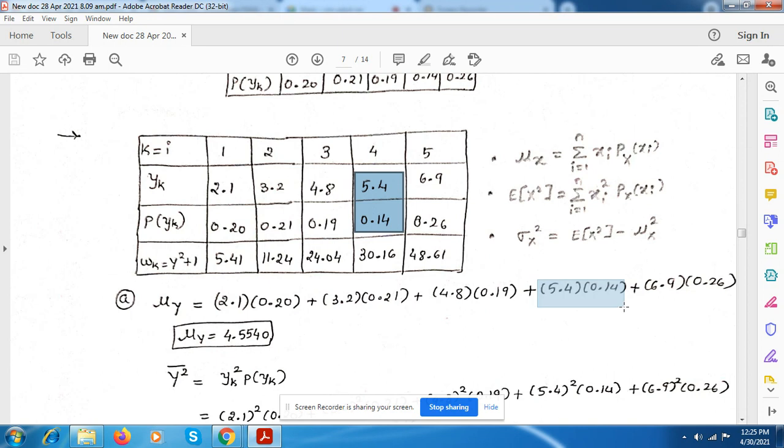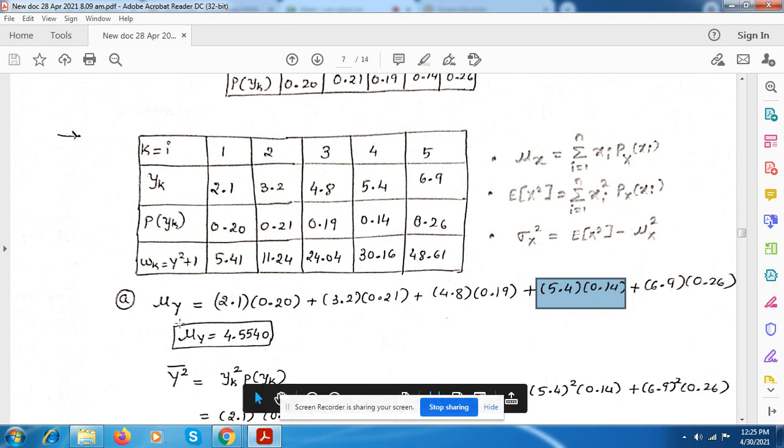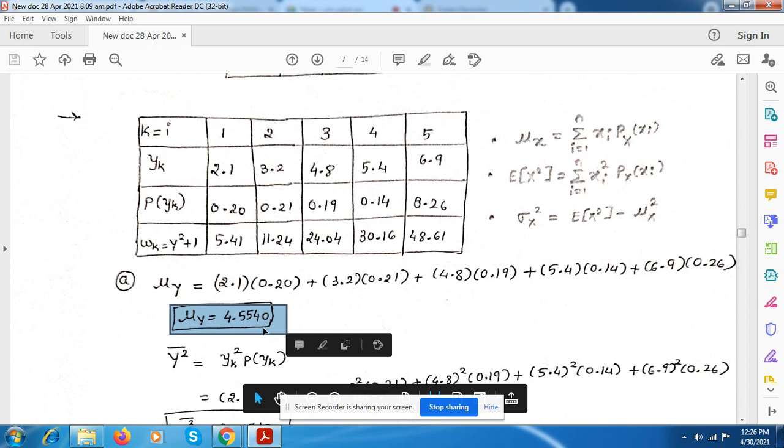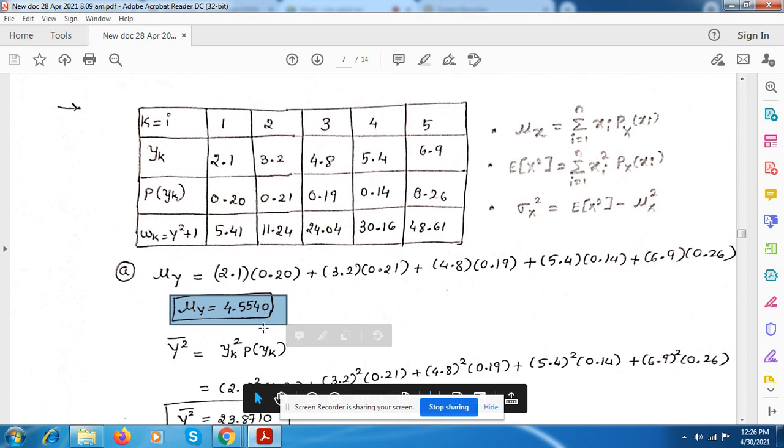And lastly we have 6.9 into 0.26. So if you sum all these things, you will get the mean value of random variable y as 4.5540. So this is the mean value for y.